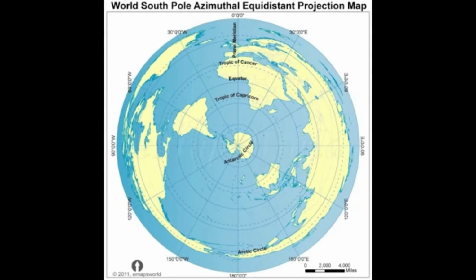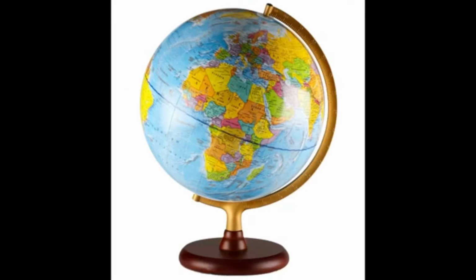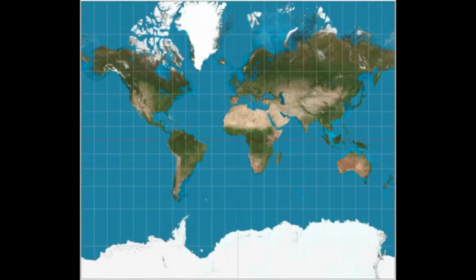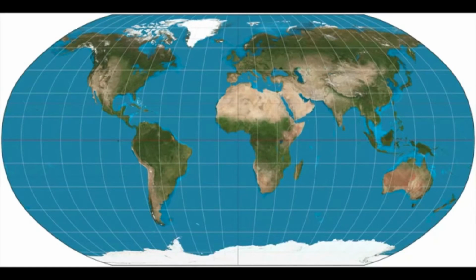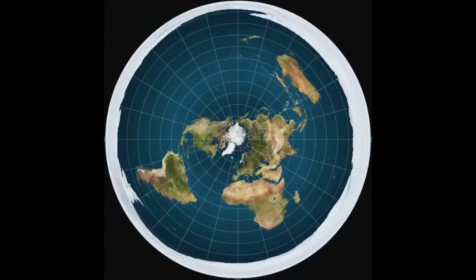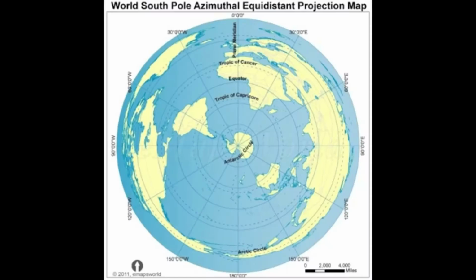Look at this map. Look at the South Pole azimuthal equidistant map. Does this look anything like anything you've ever seen before? Notice how on all the other maps, including the globe, all the continents look pretty much the same. And then look at what they look like on the South Pole azimuthal equidistant map.